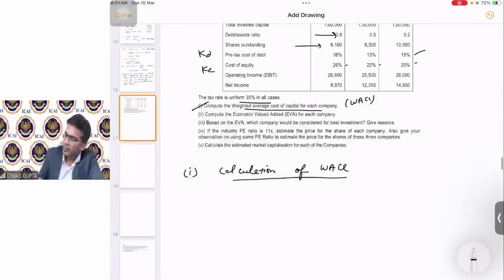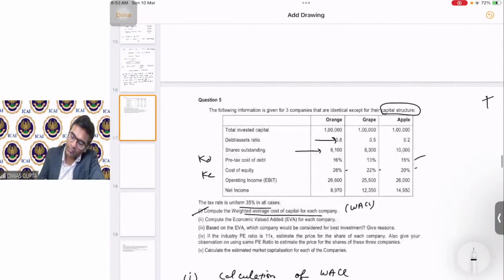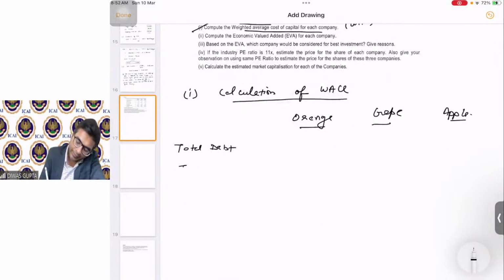Okay. We have three companies: Orange, Grape, and Apple, right? What is the total debt that we can tell? Total debt is not given straight away. We have total invested capital multiplied by debt assets ratio.